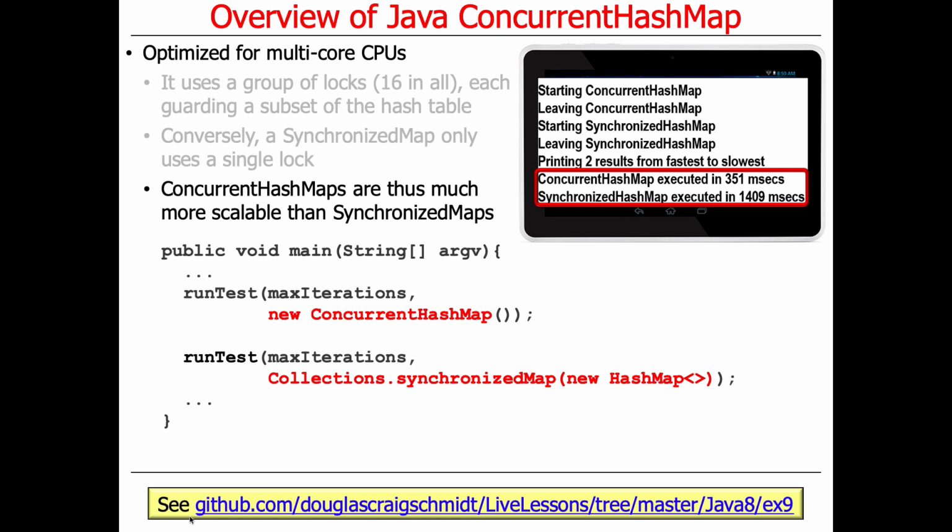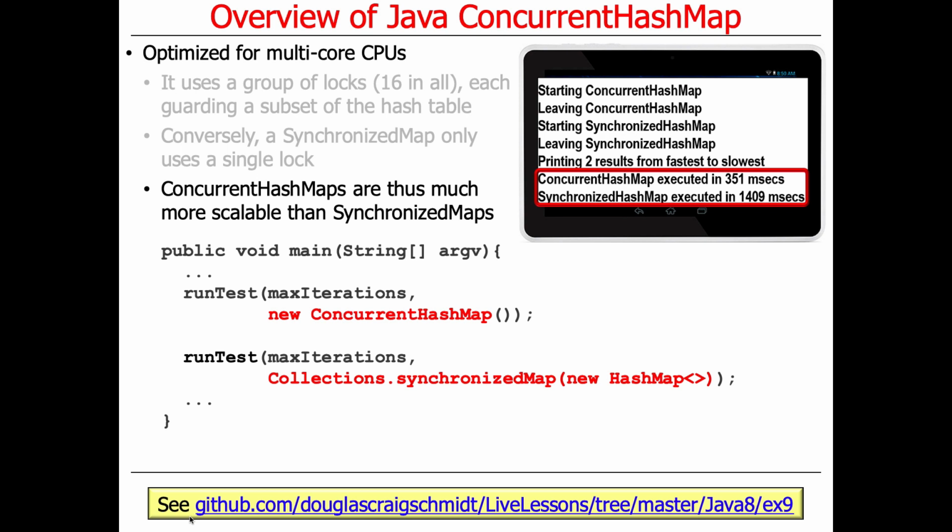Look at this. If you test the performance of putting, let's say, 100 items or 100,000 items or whatever it is into this hash map, the concurrent hash map executes in 351 milliseconds, whereas the synchronized hash map executes in 1409 milliseconds. So it's almost 4 times slower to do the synchronized map.